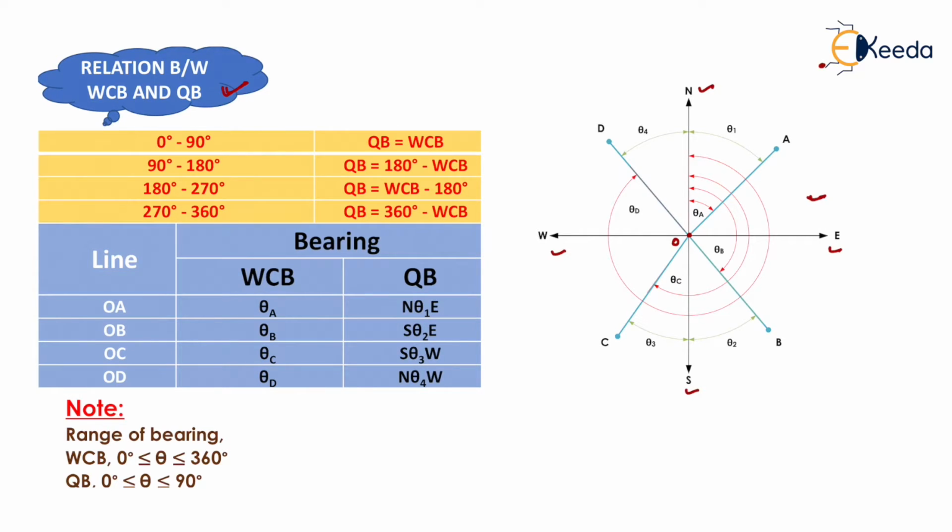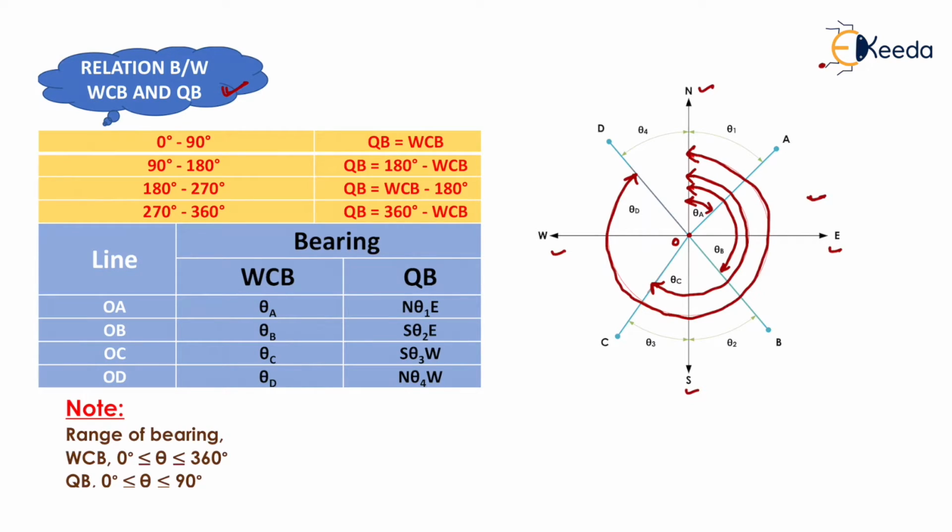Now I have marked here the whole circle bearing, that is theta A, theta B, theta C and the last one is theta D, and all is measured from the north direction in the clockwise manner.